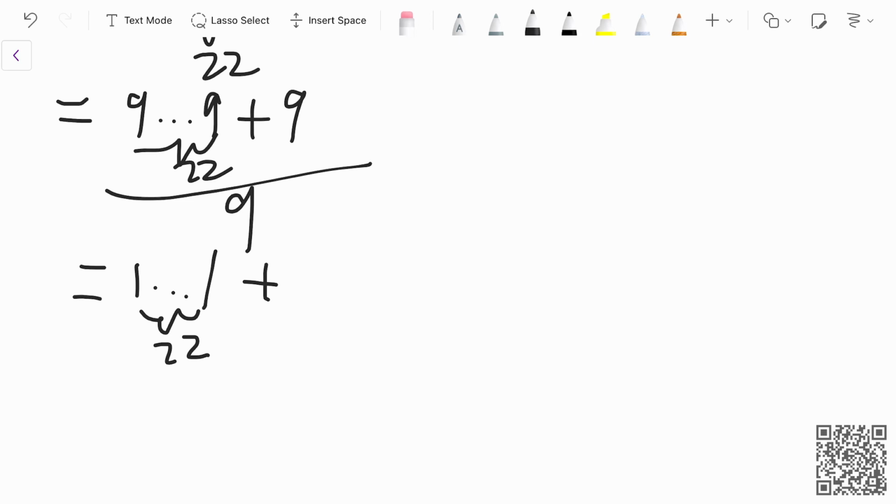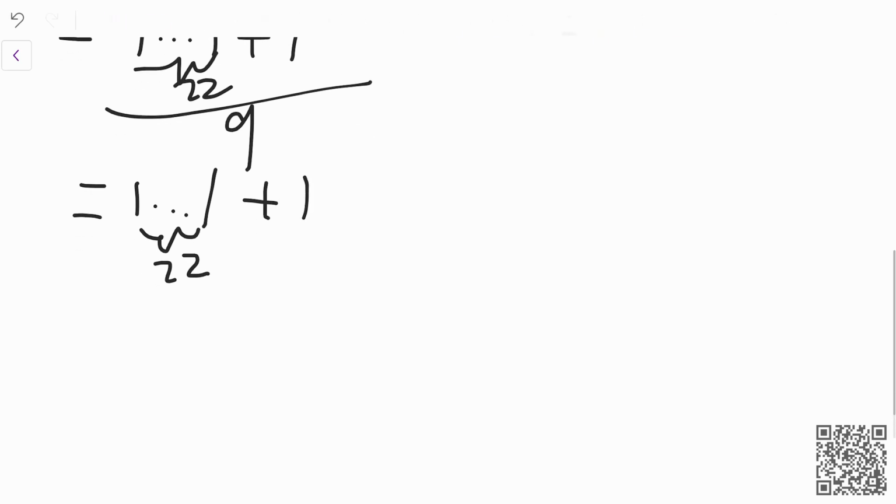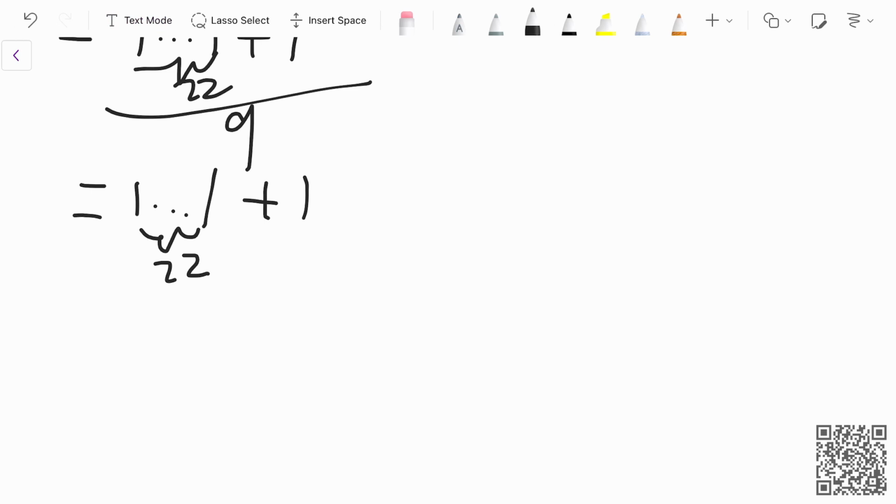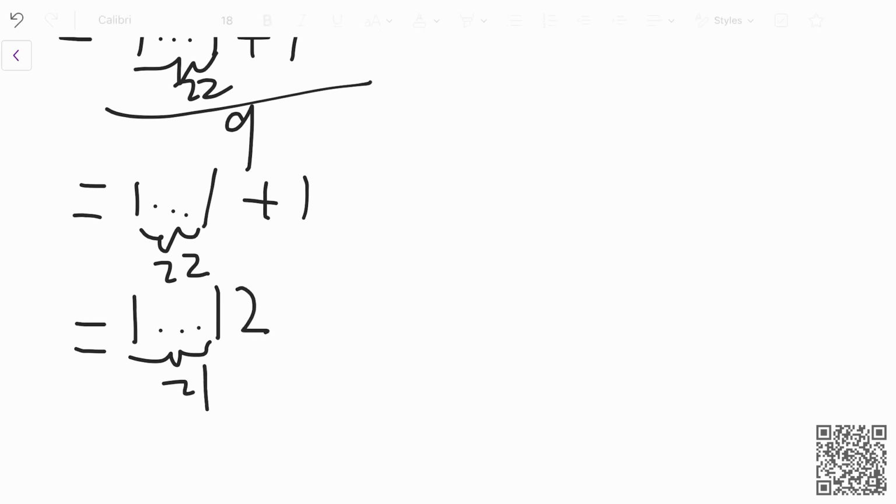If we divide the 9 by 9 too, then you get 1. So now we've got this number, and we've still got to add the 1. So then we'd get 1s, and now there are 21 since one of them has been taken up by 2.